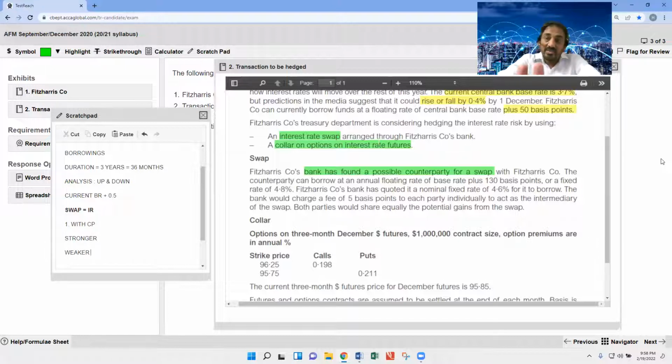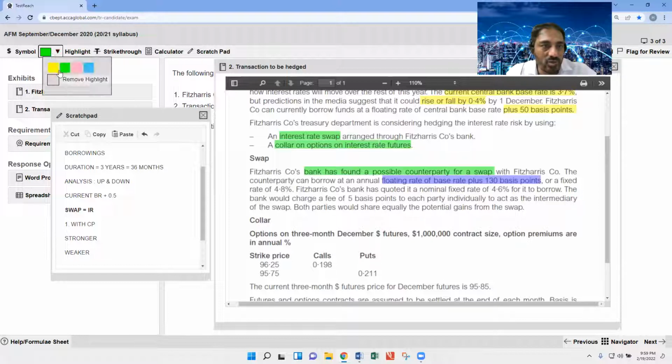During the reading, highlight that we are Fitz-Harris. So is Fitz-Harris stronger or weaker? How to determine? The counterparty can borrow at an annual floating rate of plus 130 basis points.